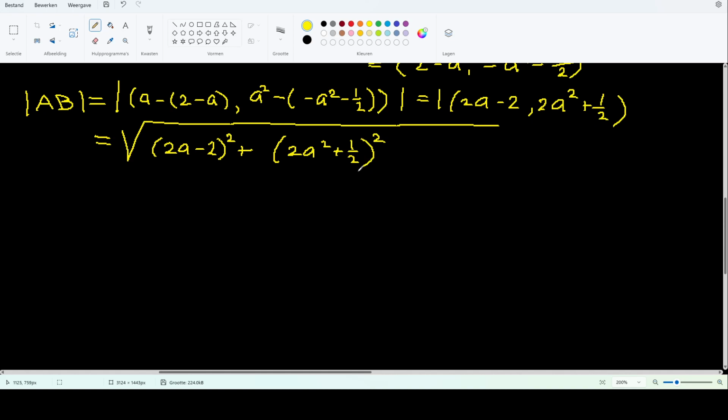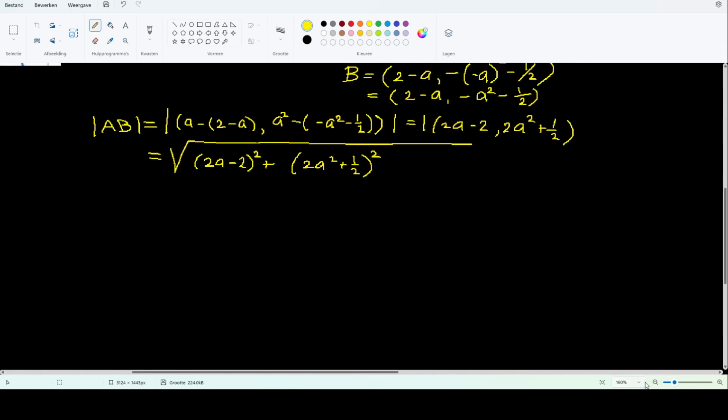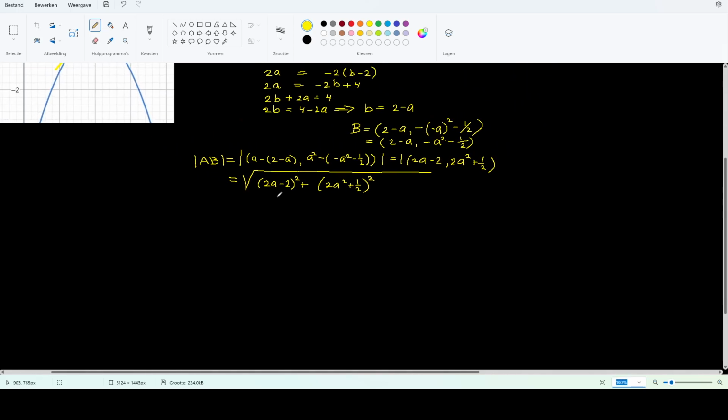Excellent. Let me now zoom out a bit more, because then the writing becomes a bit nicer. Okay, so we have this equation here. And what we want to do is we want to minimize the distance from a to b. So we want to find the value of a such that this becomes as small as possible.